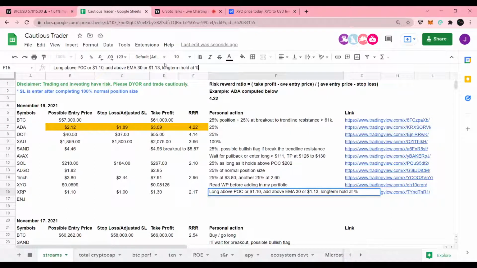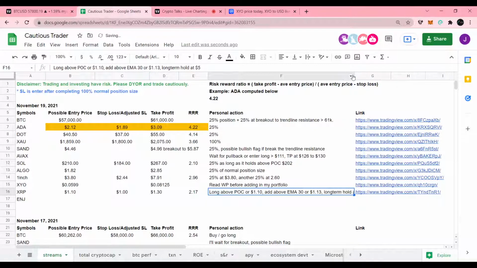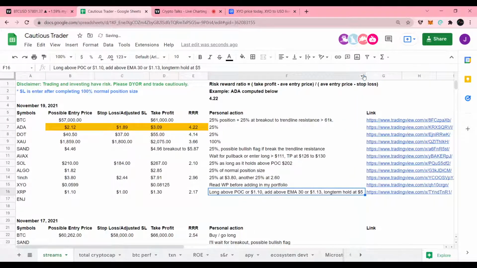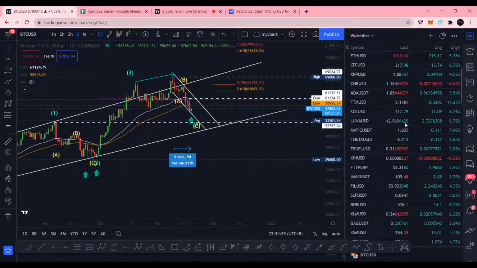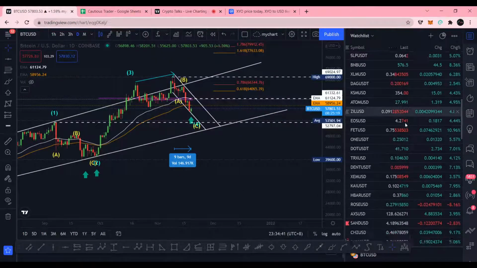Just my personal target on that, XRP. Though, I don't know if you can see, do I need to adjust this? Or you can see everything. It's not there, right? ENJ. Where is that? I think I have one here, ENJ.